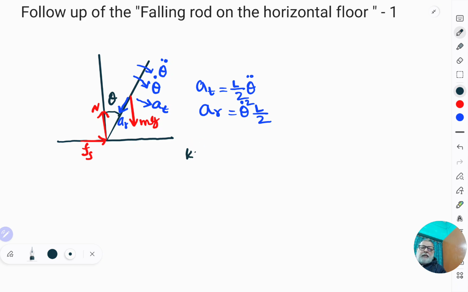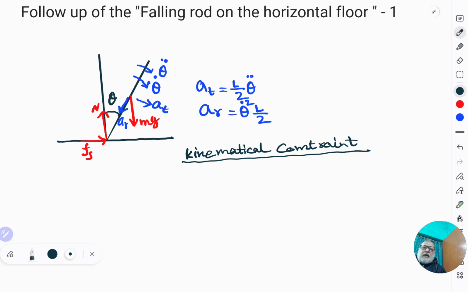Well, the kinematical constraint here is the acceleration; it is the reason for the appearance of the external friction coming into play. This kinematical constraint comes due to the acceleration of the center of mass.